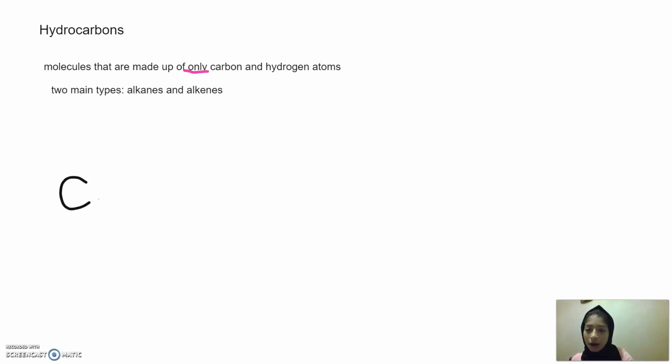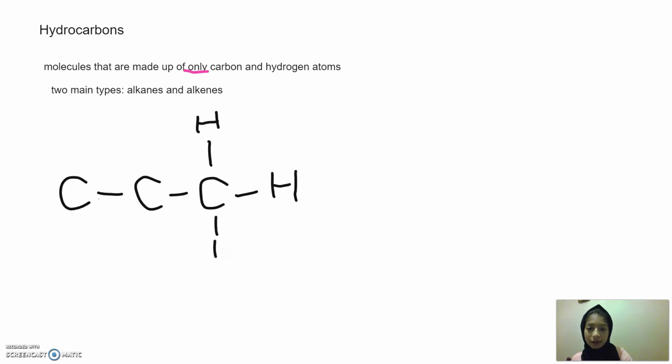So let's draw our alkane first. So here we have our carbon chain that's made out of 3 carbons, and then you should know that a carbon atom can make 4 covalent bonds. So I'm going to fill the rest of these covalent bonds in with a hydrogen atom.